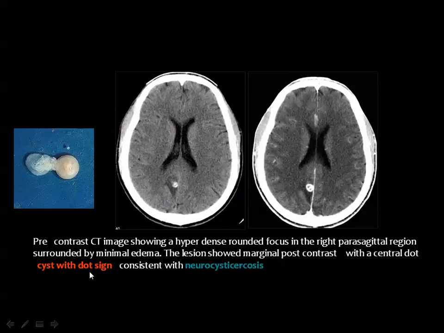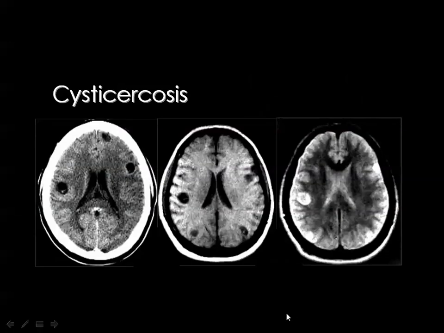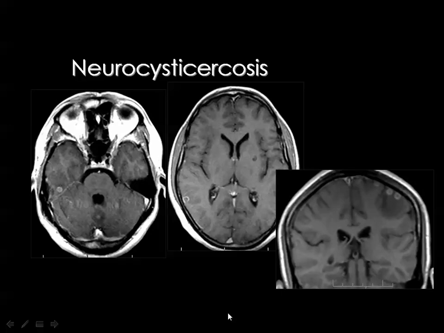And this is the cyst with the dot sign, cysticercosis, on CT without contrast and CT with contrast, and you see the marginal enhancement and you see the dot inside. If you do not see the dot inside, you cannot diagnose this as cysticercosis, and you may diagnose this as tuberculoma. And here is cysticercosis with the cyst and dot sign in the CT, and the cyst and dot sign in the MRI, which is very clearly seen in the T1 and FLAIR weighted images.